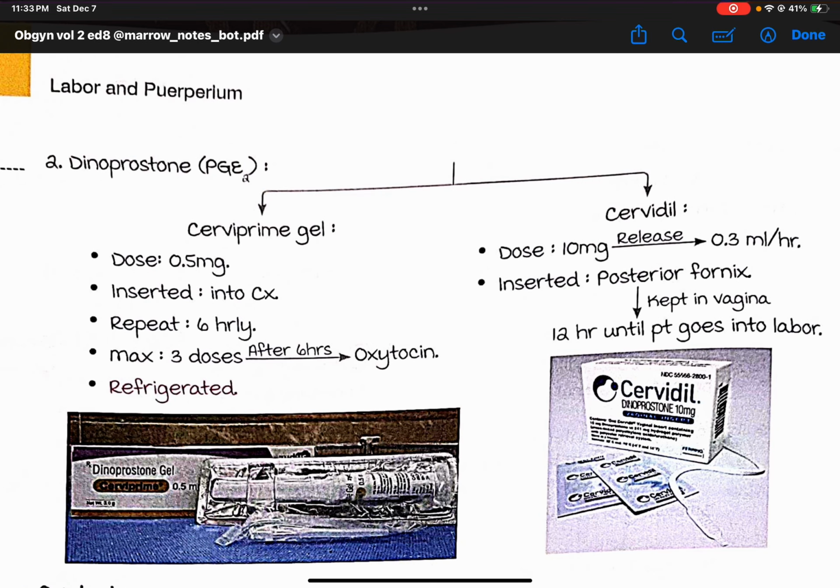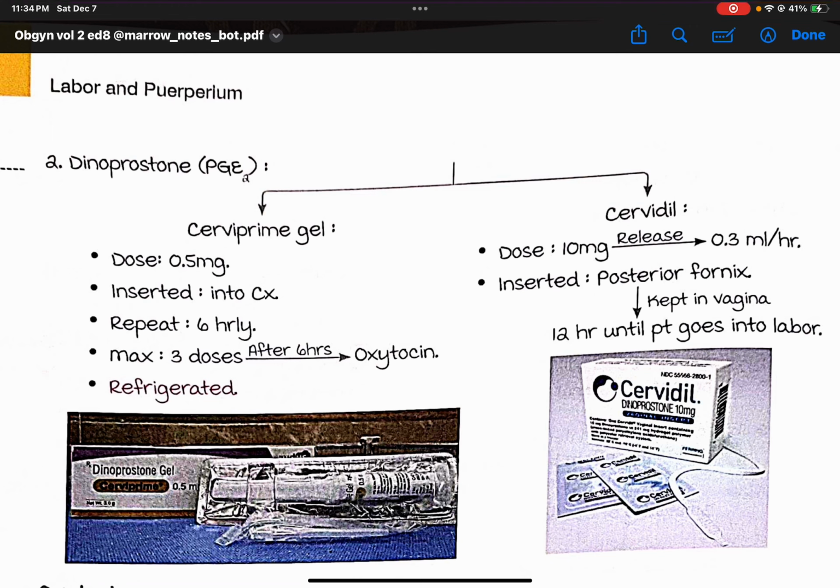Dinoprostone, PGE2. Cerviprime gel: dose 0.5 milligram, inserted in cervix, repeated 6 hourly, max 3 doses.